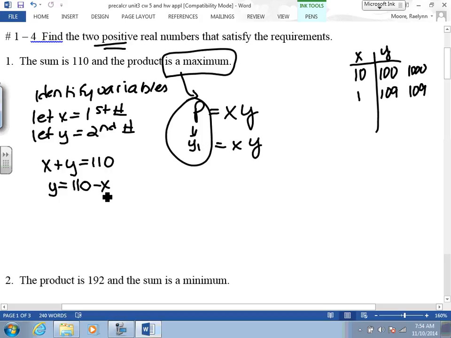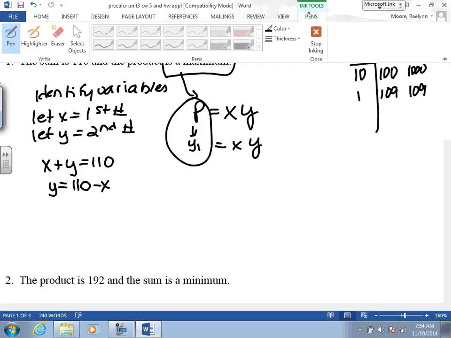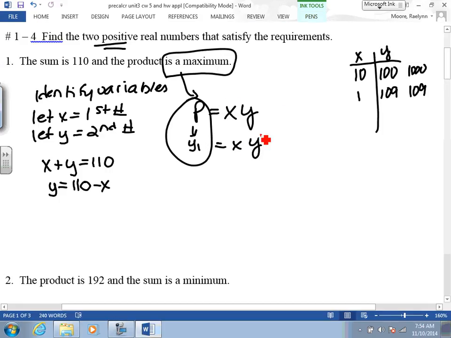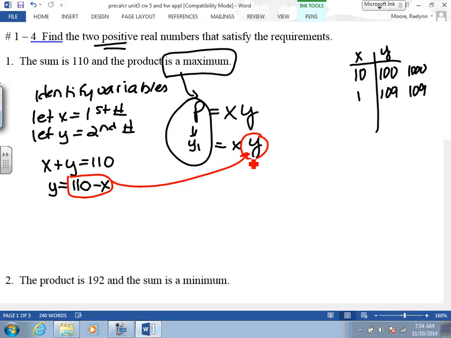So now, if I come over to here and replace this in here, this will give me one equation with one variable. And that's what we want. So we plug this in. Now, you don't have to distribute this out.